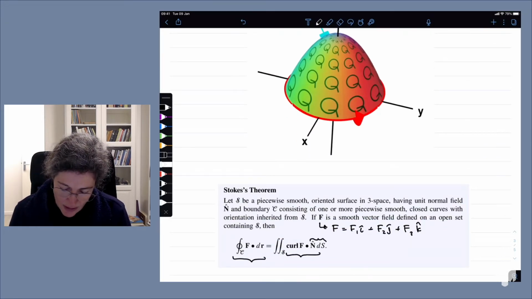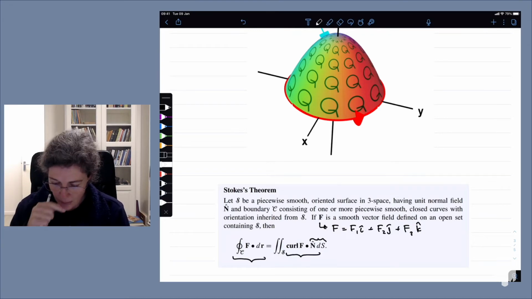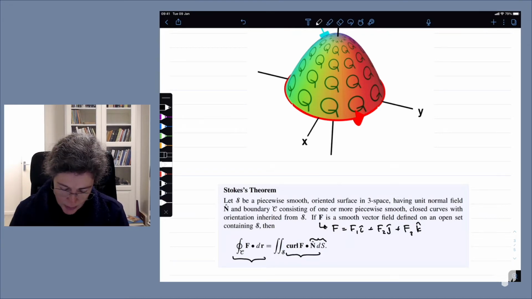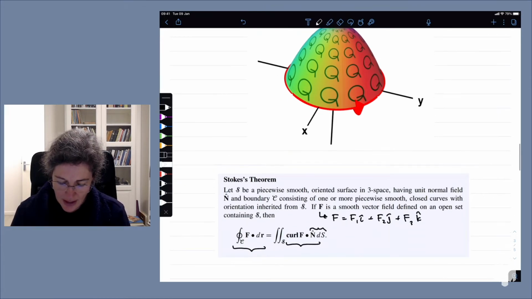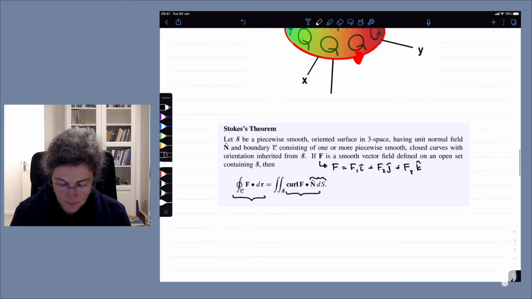And a boundary C consisting of one or more piecewise smooth curves, well, we've just got a single nice smooth curve, and it's closed, and we work out the orientation, which we've done, and we need F to be a smooth vector field. Ours is, there's nothing weird going on about that. And so we can use Stokes' theorem.